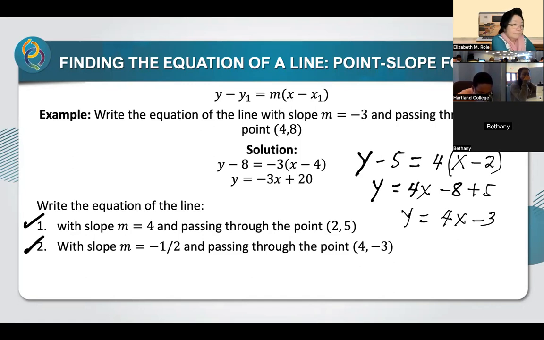Y is equal to minus 1 over 2x plus 5. Okay. No, it's minus. Minus what?